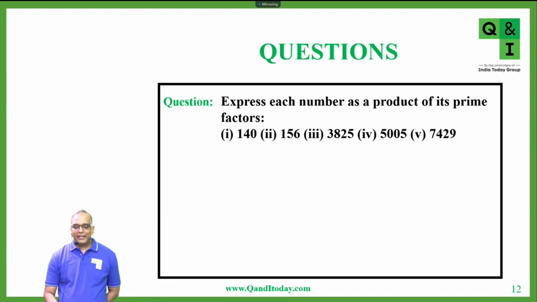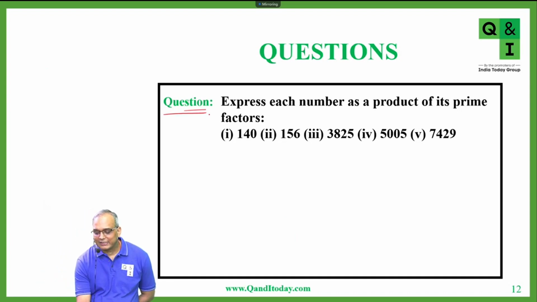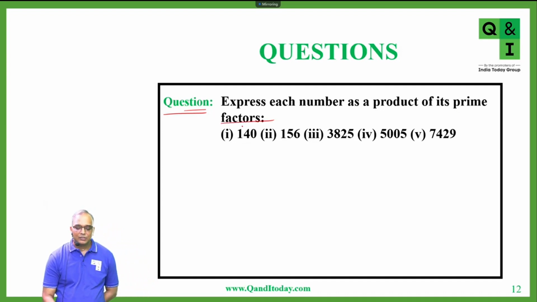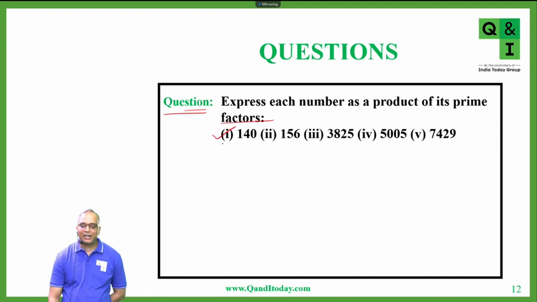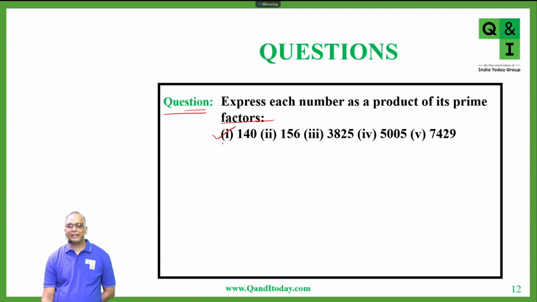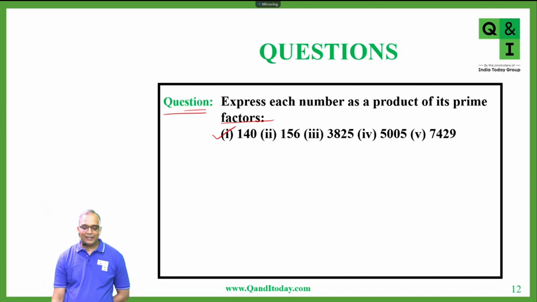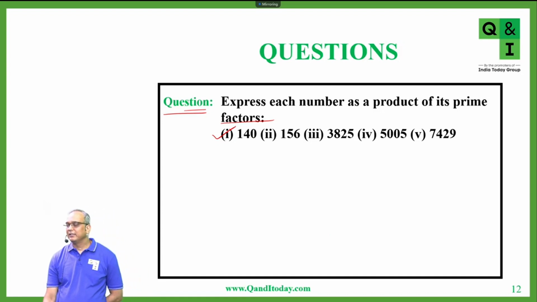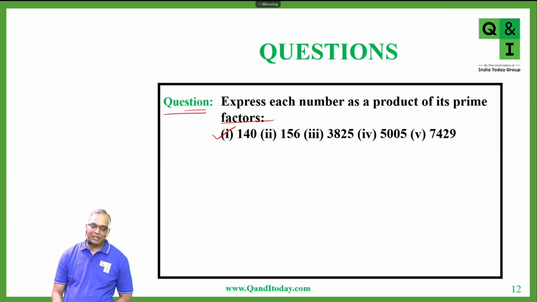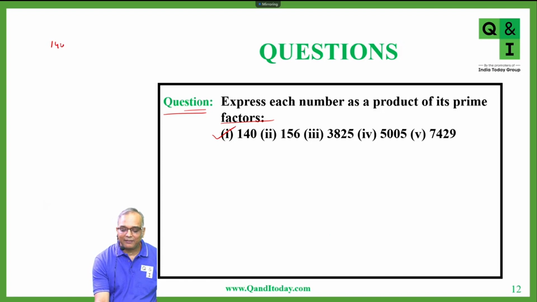Now, here, what you need to do in the first question is express each number as product of its prime factors. So what you will do, you will express 140 as product of prime factors. So prime factorization. So quickly you can do it and let me know one by one. So we'll start with the first question, 140. What is the prime factorization of 140?